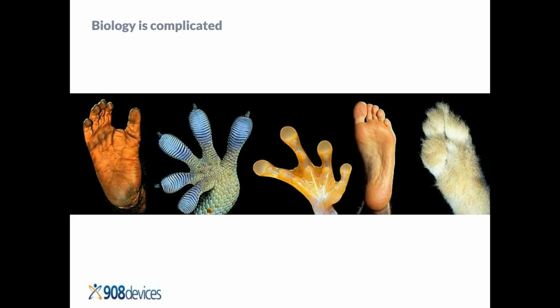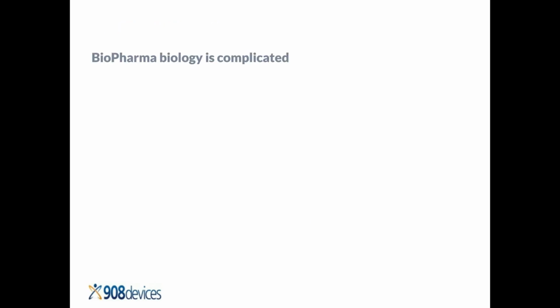So where I'd like to start is just with biology, which we know is really complicated. And when it comes to the characterization, discovery, and development of biopharmaceutical proteins, it's especially complicated, which we all know. So in order to build some of these products and characterize them, we have sequence variations and structure variations to consider.